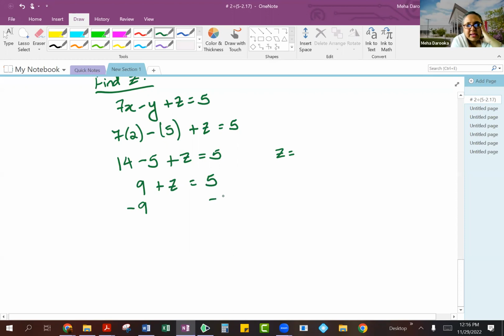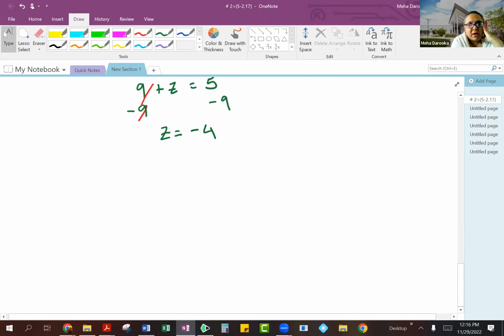So when you subtract the 9, move it to the other side, we end up getting z equals -4. So our ordered triple is going to look like 2 for the x value, 5 for the y value, and then looks like -4 for the z value.